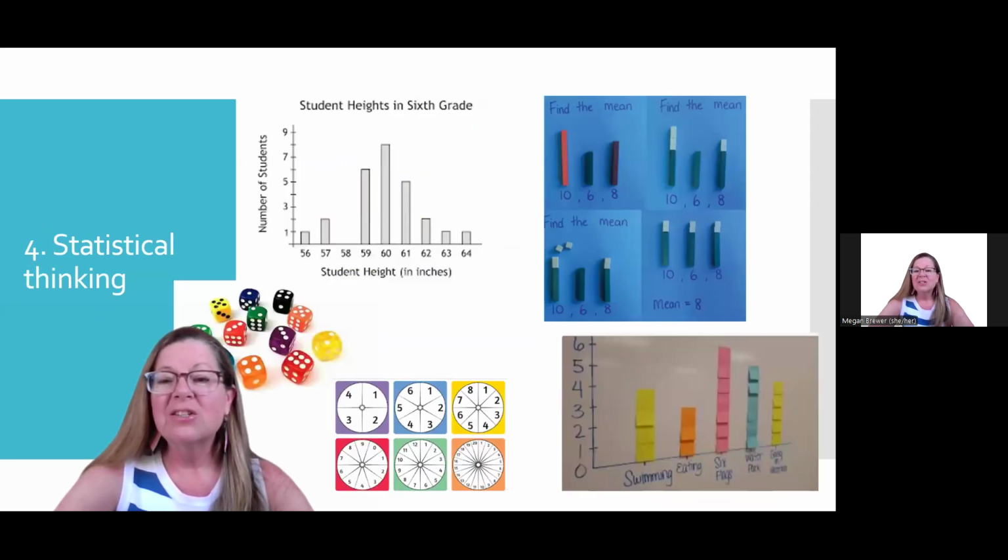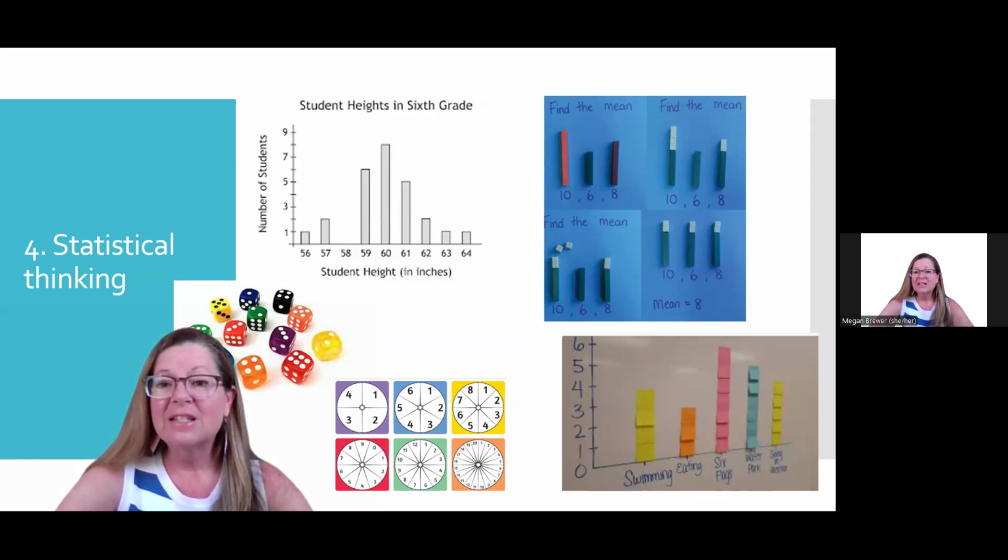Number 4, statistical thinking. Sixth grade students develop statistical thinking by learning to recognize statistical questions, understand data variability, and summarize and describe data distributions. Here's a breakdown of models, math tools, manipulatives, and representations that support this learning.